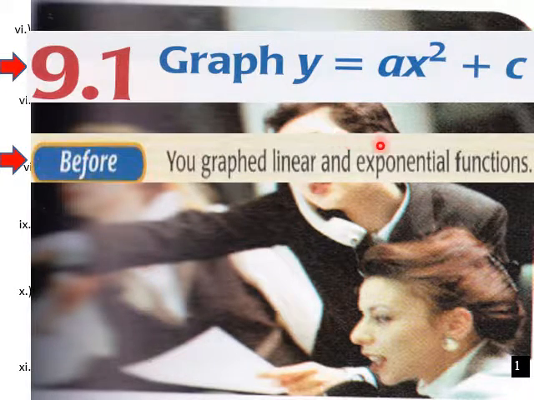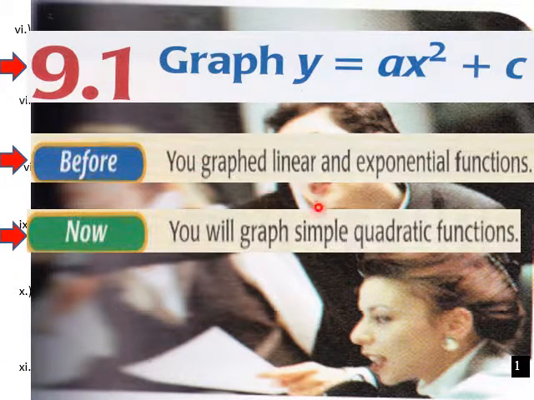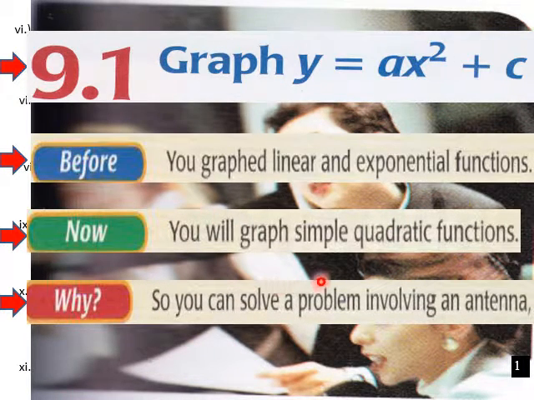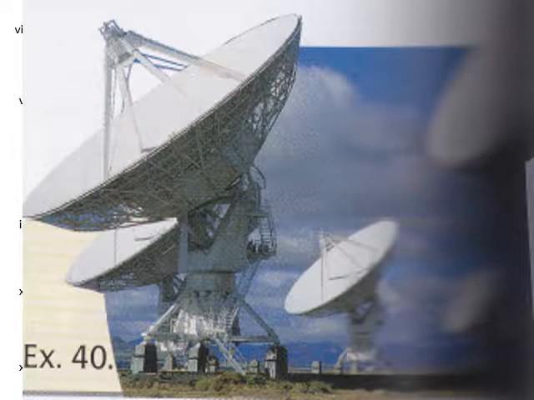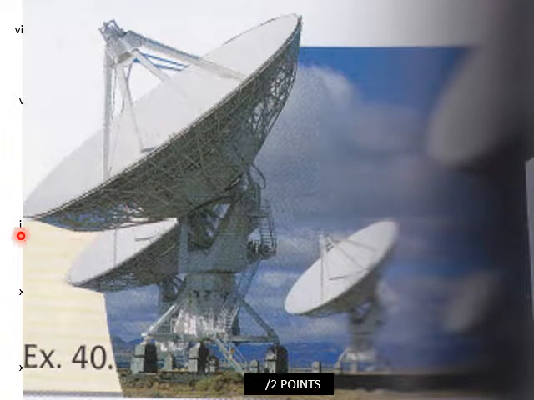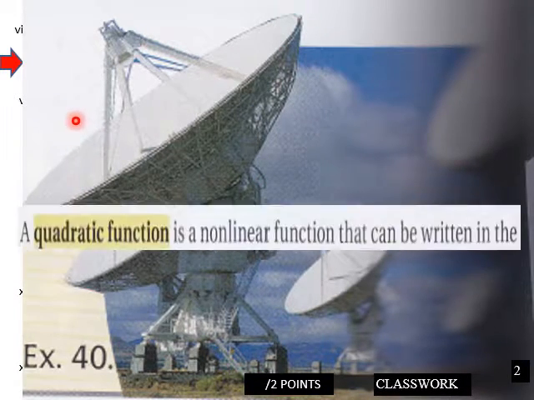Before you graph linear and exponentials, you will graph simple quadratics. So you can solve a problem involving an antennae. Here's your antennae here. That's giving it away, huh? Radio telescopes is what they look like.